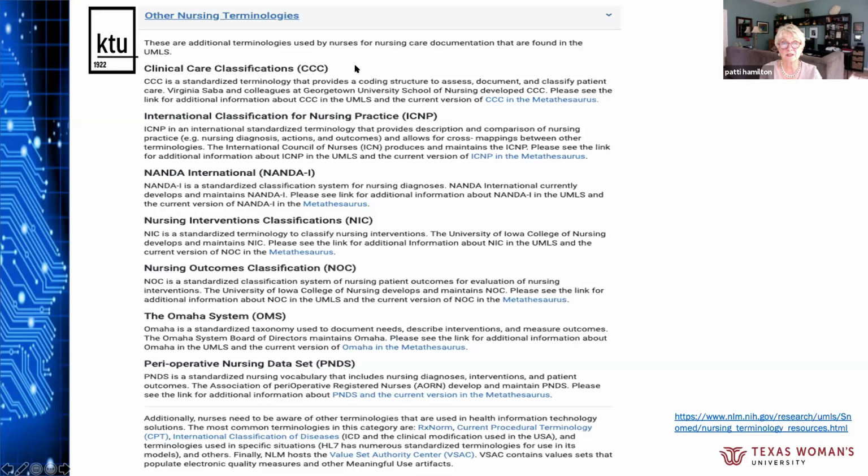Clinical care classifications, international classification of nursing practice, NANDA, a standardized classification system for nursing diagnoses, the nursing interventions classifications, NIC we call it, the nursing outcomes classifications, NOC we call it, the Omaha system, a standardized taxonomy to document needs and interventions and measure outcomes, and the perioperative nursing data set.